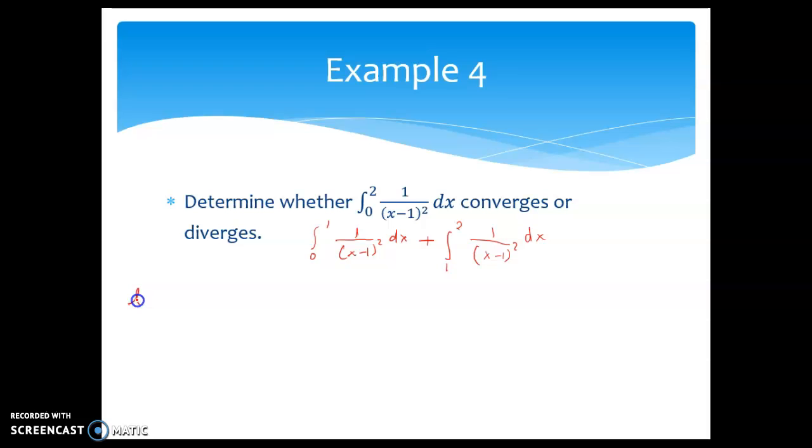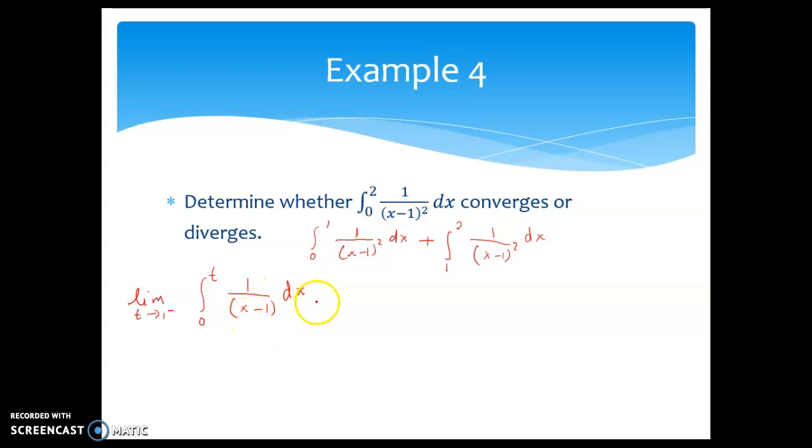Now we're going to take the limit as t goes to 1 from the left. So we have the integral from 0 to t of 1 over (x minus 1) squared dx. Here you realize that if we substitute x equal to 1, we're going to get infinity.